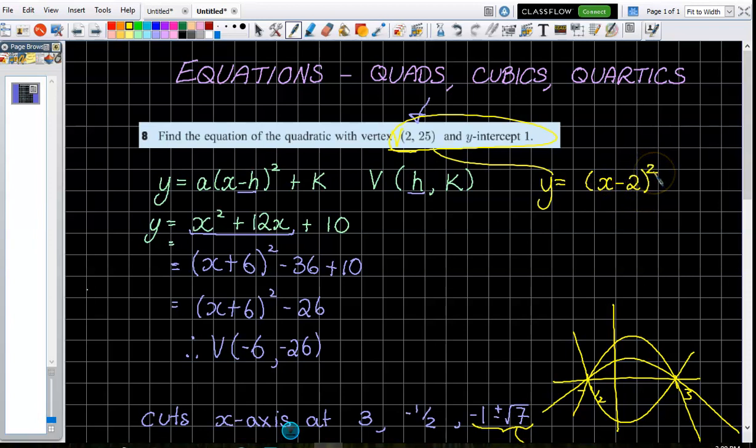Squared. Plus 25. Is that it? No. So you've got to put the a out the front.